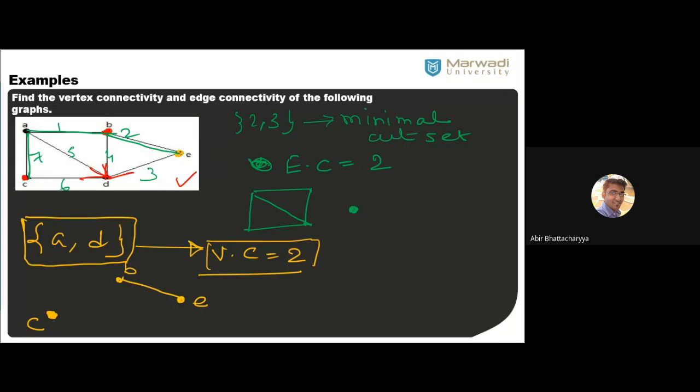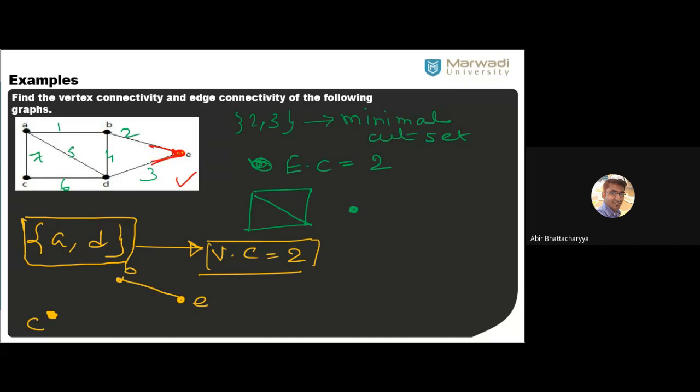Hannah says there is no connection between 2 and 3. Yes, 2 and 3 will be deleted, right, Hannah? If you remove E, 2 and 3 will be deleted.